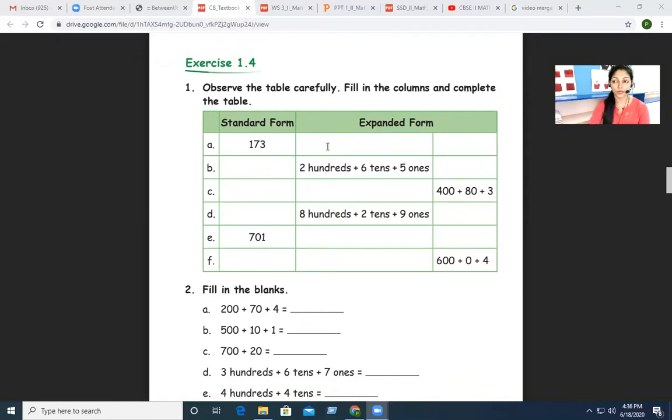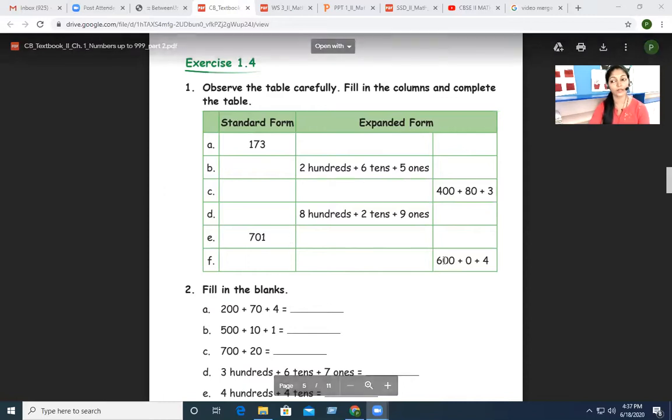In the first box, how will you write here? Expanded form, 100 plus 7 tens plus 3 ones. And in this box, you're going to write 100 plus 70 plus 3. Okay, both the ways. You can refer what is given here and you have to solve it.